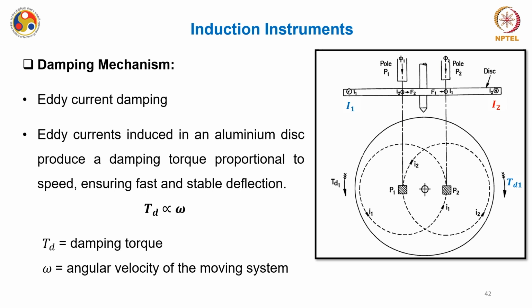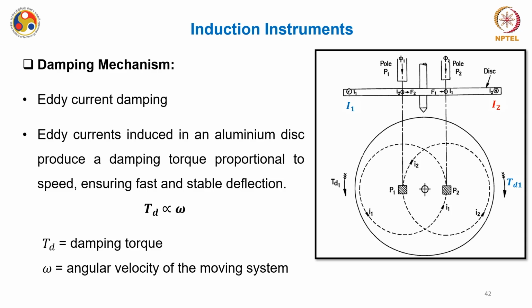In this case eddy current damping is possible. So TD is directly proportional to the angular velocity of the moving system, or the damping torque is equal to k omega, where k is a constant.